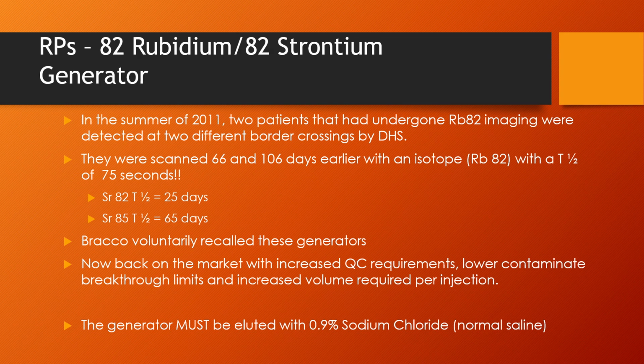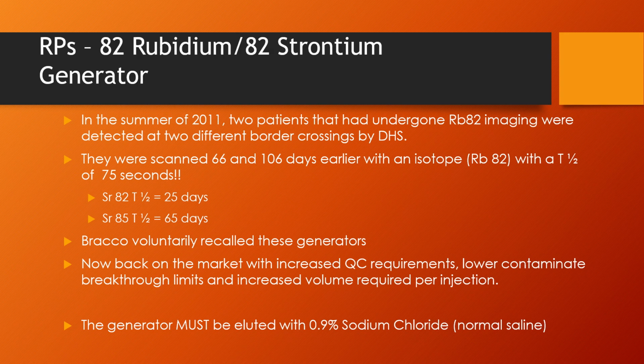And it turned out that the generator was being eluted with lactated ringers or other doped saline that wasn't just 0.9% sodium chloride normal saline. It had other things in it like calcium or potassium, and those other elements alter the chemical reaction that's happening within the generator elution, and it will cause excess breakthrough of strontium.